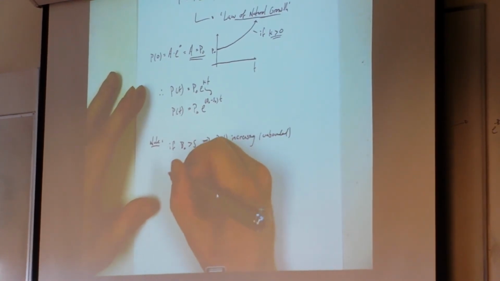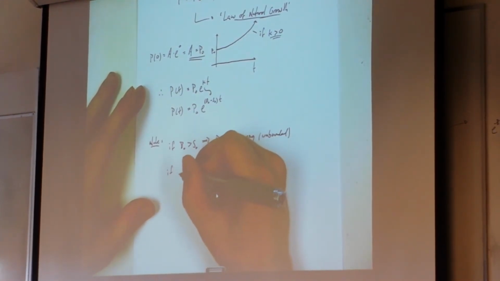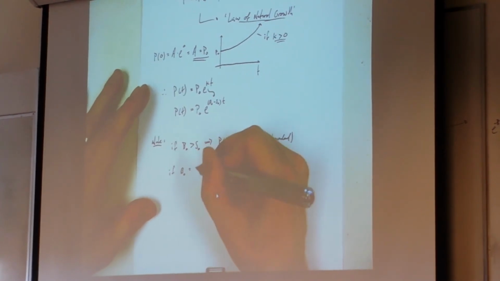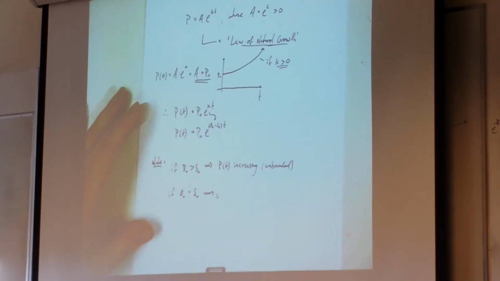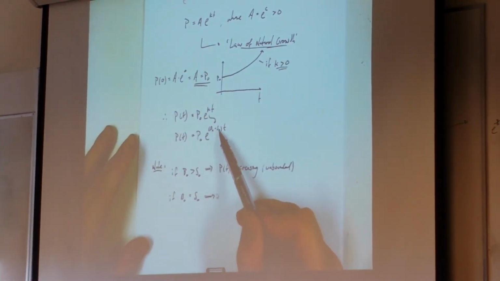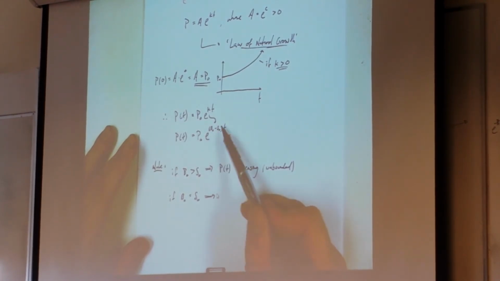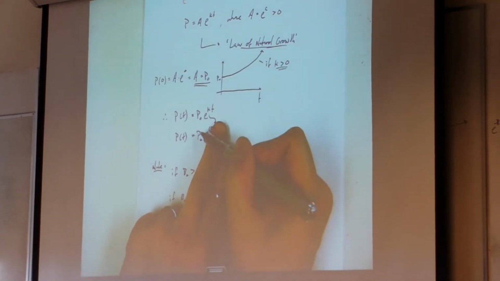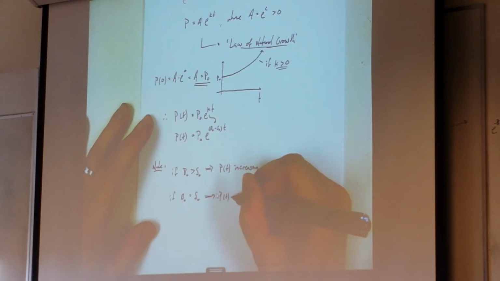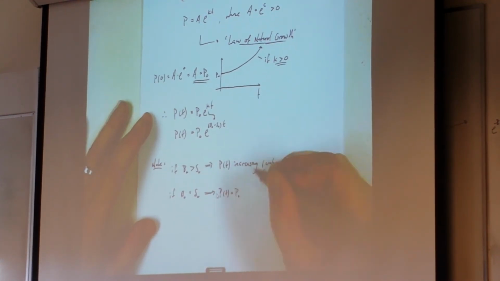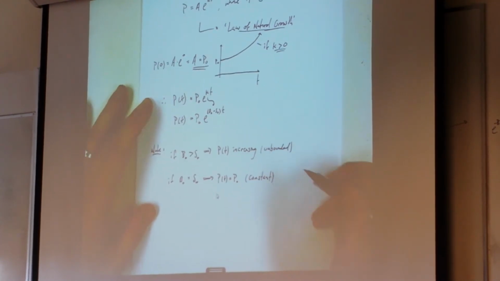Now, on the other hand, what if the birth and death rate are identical? We can even check it in this equation. If the birth and death rates are equal to each other, then that constant K is 0, and e to the 0 is just 1, and the population is constant at P naught.